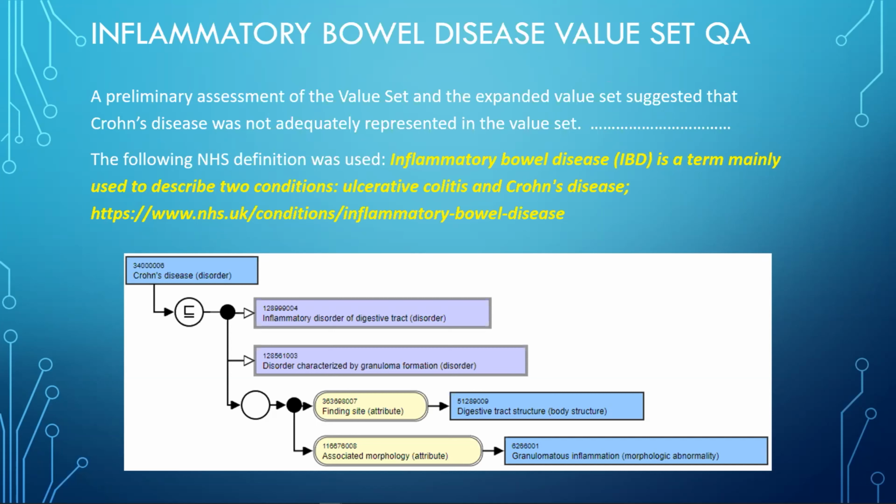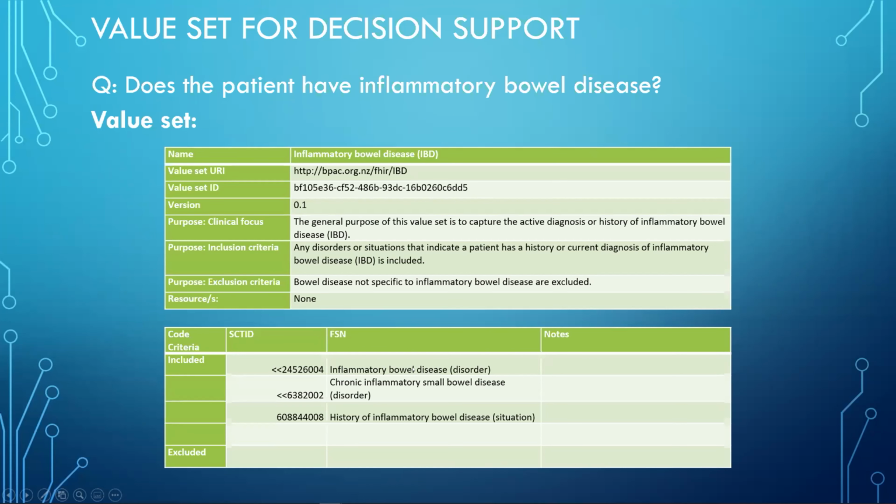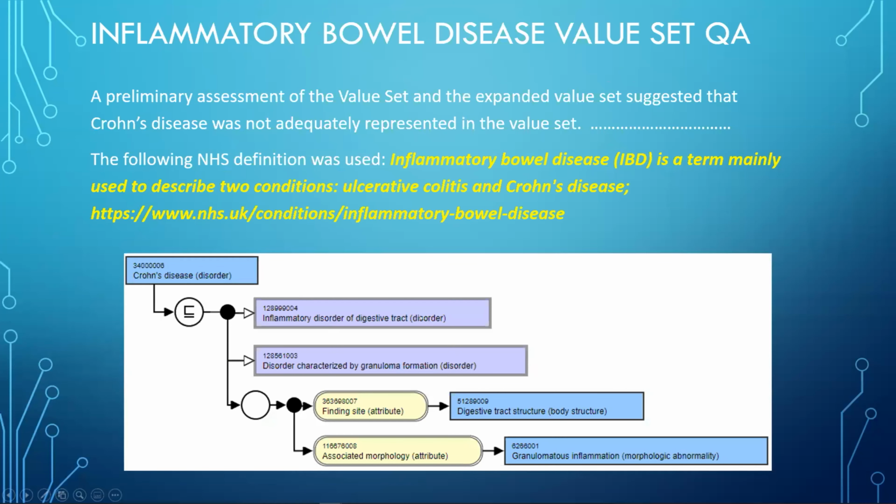At the time, I was on a very steep part of the learning curve about how the whole thing worked, and looked up Crohn's disease and realized that Crohn's disease didn't map back to inflammatory bowel disease, but maps to inflammatory disorders of the digestive tract, and disorders of granuloma formation.